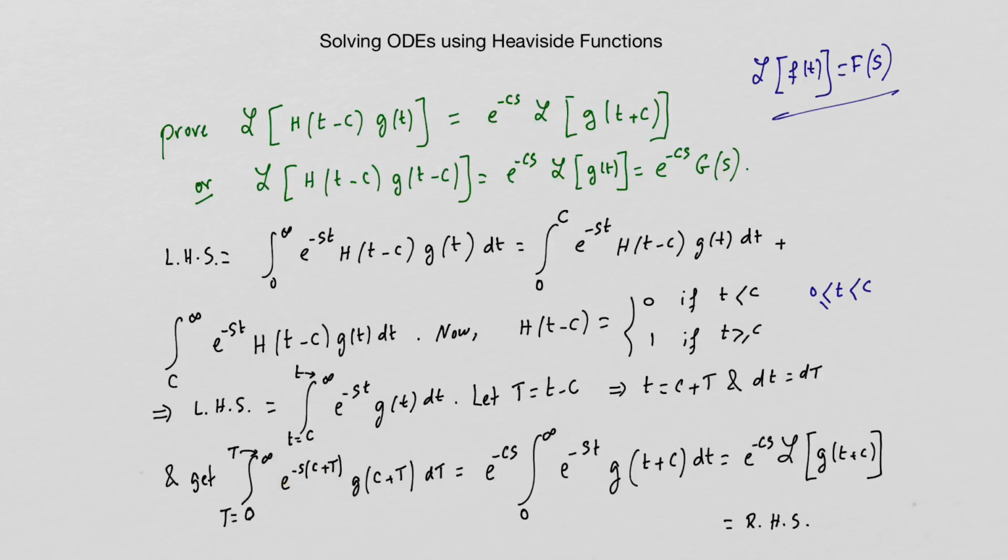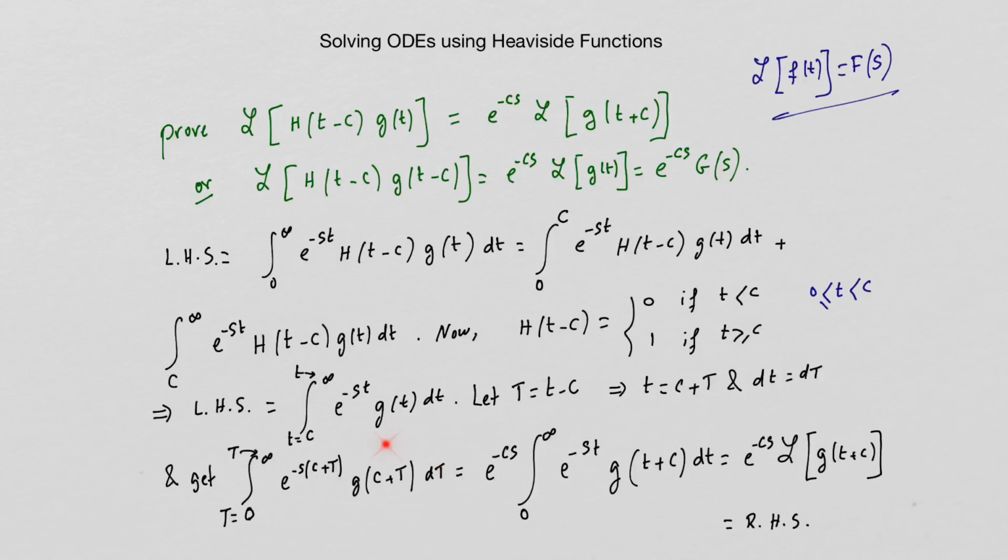This is e to the negative cs times, not plus, but times e to the negative st. Now, e to the negative cs does not depend on t, so I took it out. So you're left with the integral from 0 to infinity of e to the negative st, g of t plus c dt.